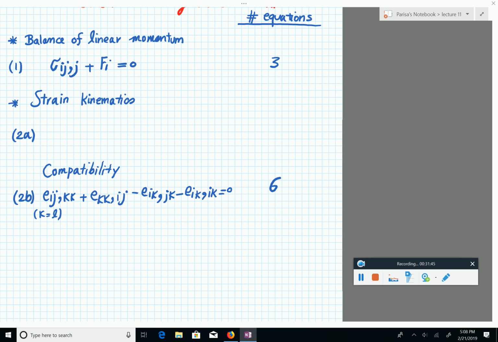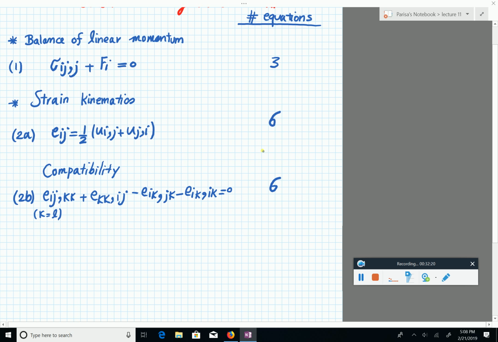I want you to never forget these things. You should learn them as if they're second nature, because this course is a foundation of a lot of other courses. So you need to learn that. Remember this? And how many equations is this? 6.